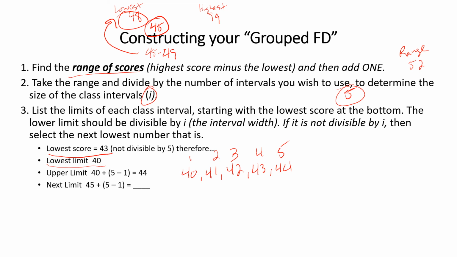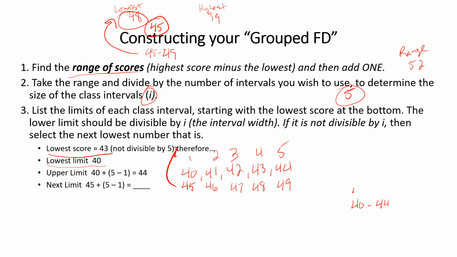The next limit is going to start at the next lowest number, which is 45, and remember you put higher numbers at the top: 45, 46, 47, 48, and 49. So here you would have 40 through 44.